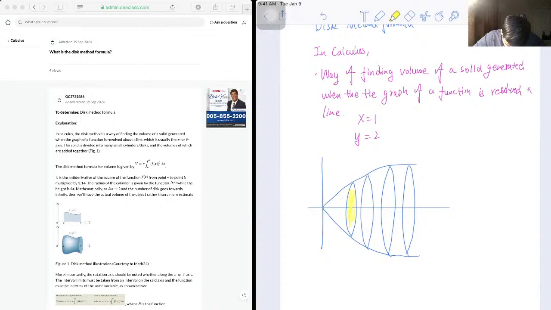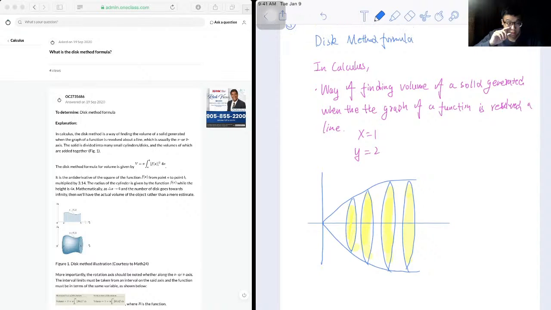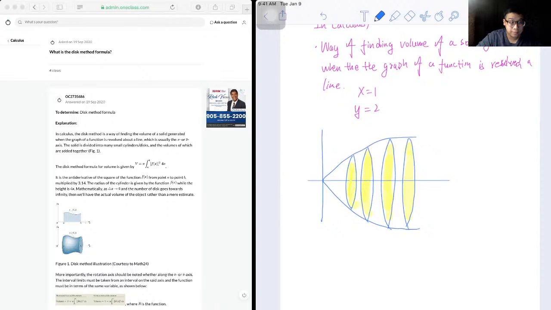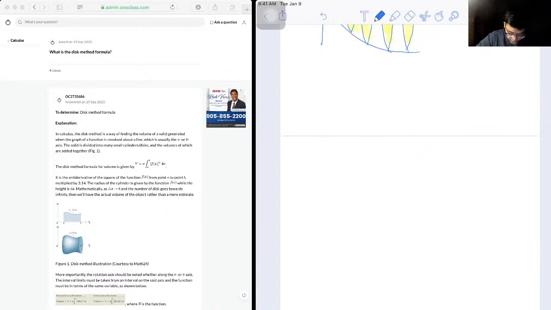Yeah, so as you can see in the yellow area, there looks like a bunch of disks packed together, and yeah, that's what we call the disk method. And the formula of it will be, I've already written down here.